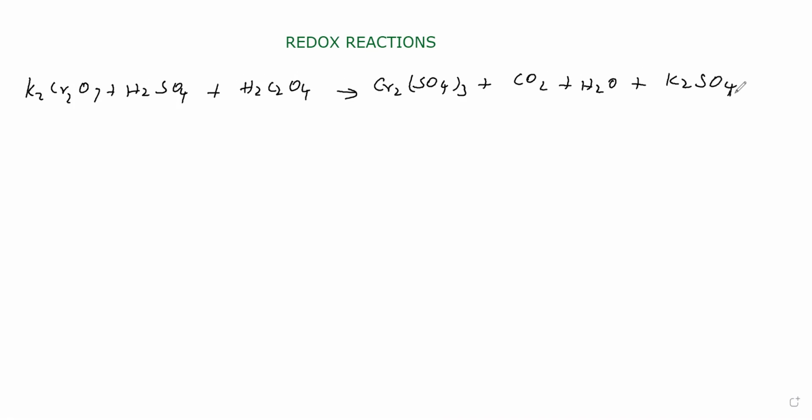Okay, this equation we have to balance by the ion electron method, otherwise called the half reaction method. For which, first write this equation in skeleton form. Skeleton form means simple ionic form. So in simple ionic form, we take dichromate, from oxalic acid we take oxalate, acidic medium H plus, the products are chromium ion, then carbon dioxide.